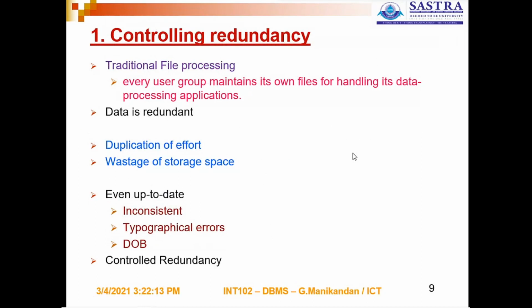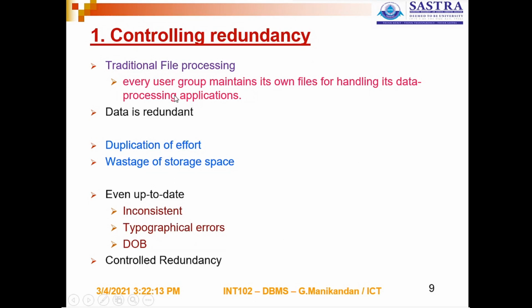Controlling redundancy. If you take traditional file processing, each and every user or each and every group of users maintains a separate file, their own file for storing and handling the data related to that particular application.